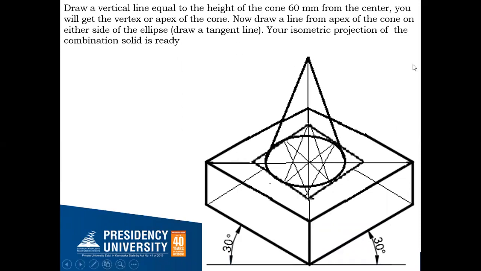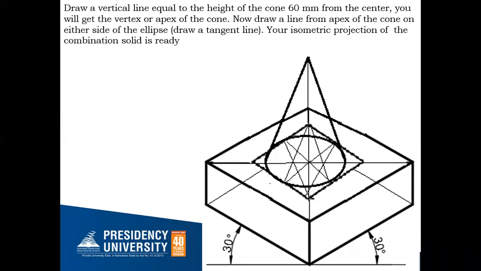Now from this point, you draw a tangent to this ellipse on either side, from here to here. If you do this, this almost completes the isometric projection of this particular case, where the square slab is the base solid and above that, centrally, the cone is placed.